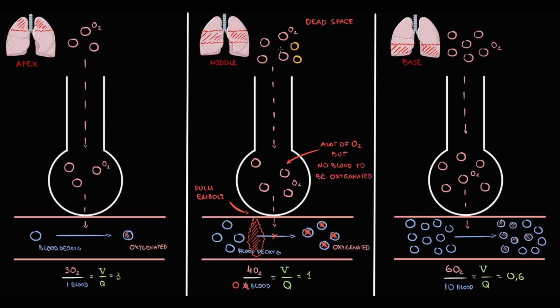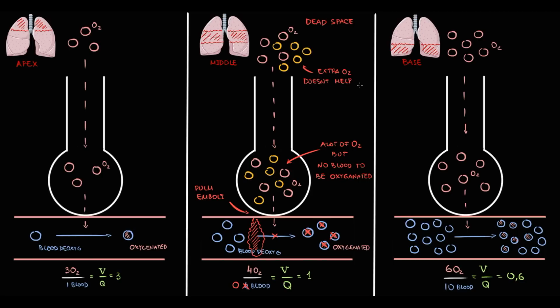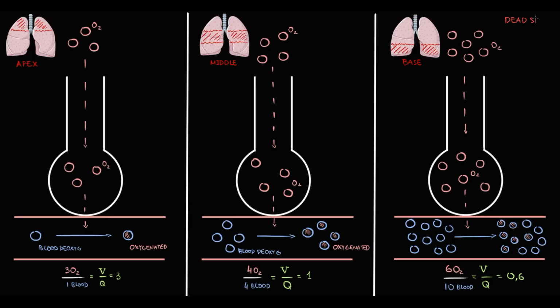And if the capillary is fully obstructed, extra oxygen does not help here, simply because there is no blood to pick up oxygen. But if the obstruction is partial, or not all alveoli are blocked, extra oxygen will help. Let's suppose that the obstruction is partial. For example, there is a thrombus in the capillary.